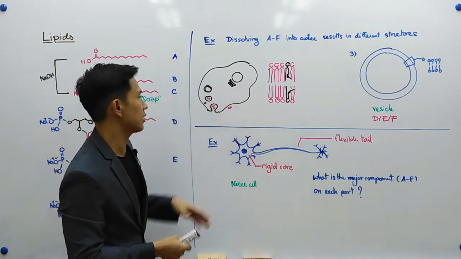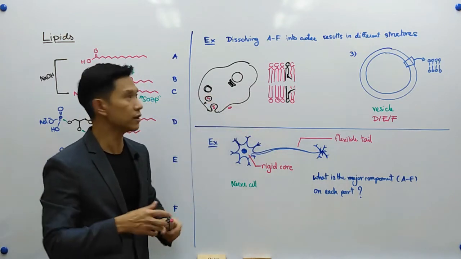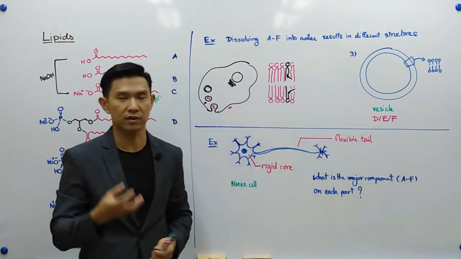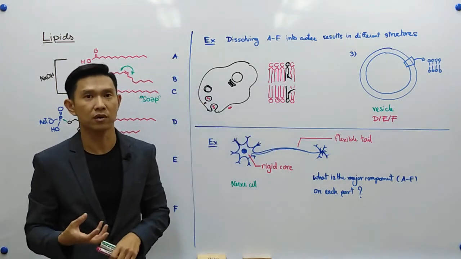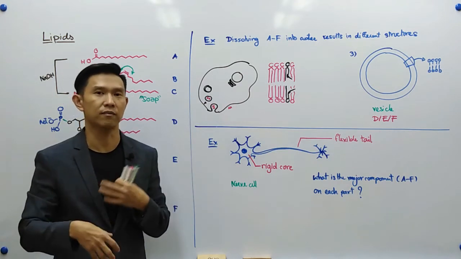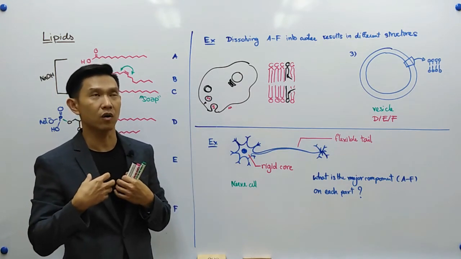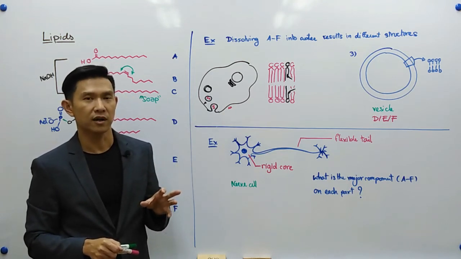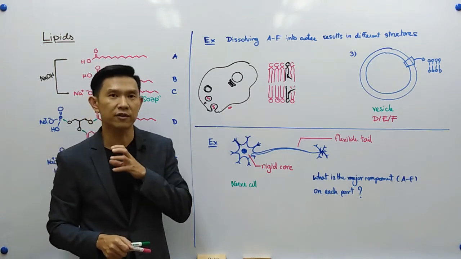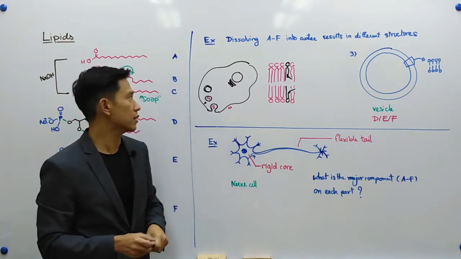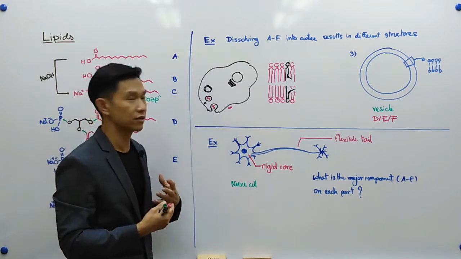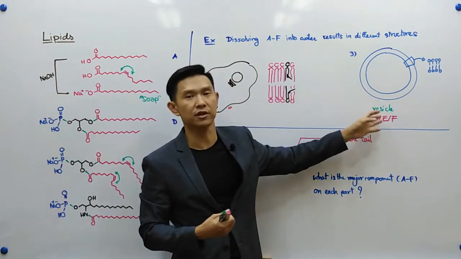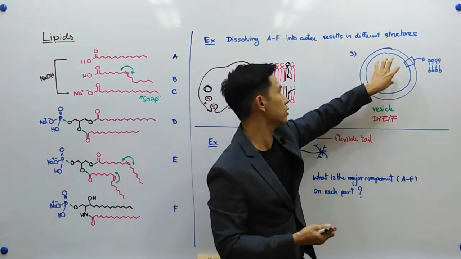So normally a vesicle is produced in order to transport things that are water soluble into the blood system or inside the cells. If you want to transport something, instead of letting it flow freely in the bloodstream, your body tries to make a vesicle and pack the water soluble thing inside.